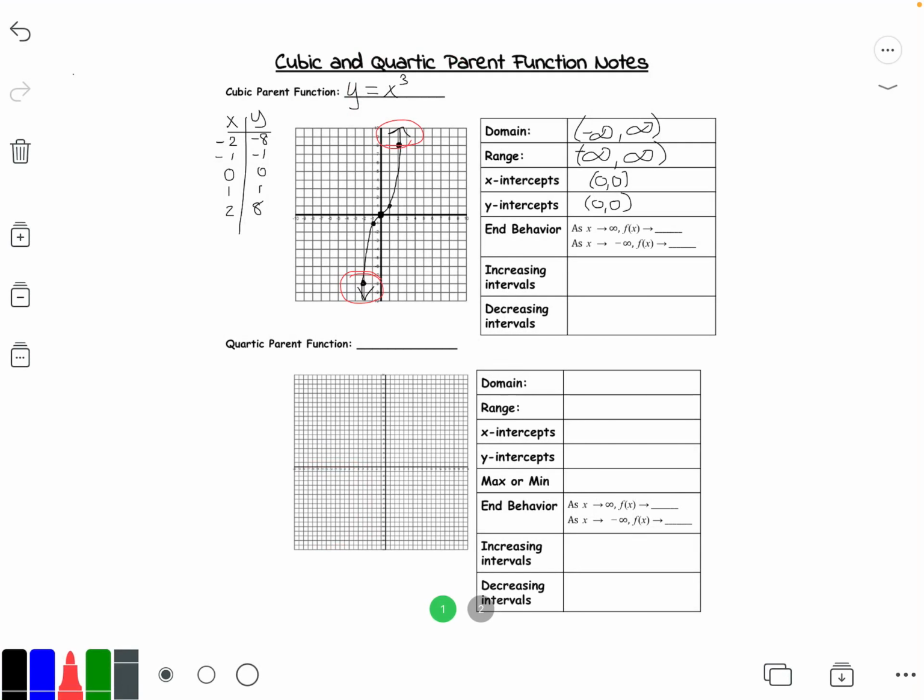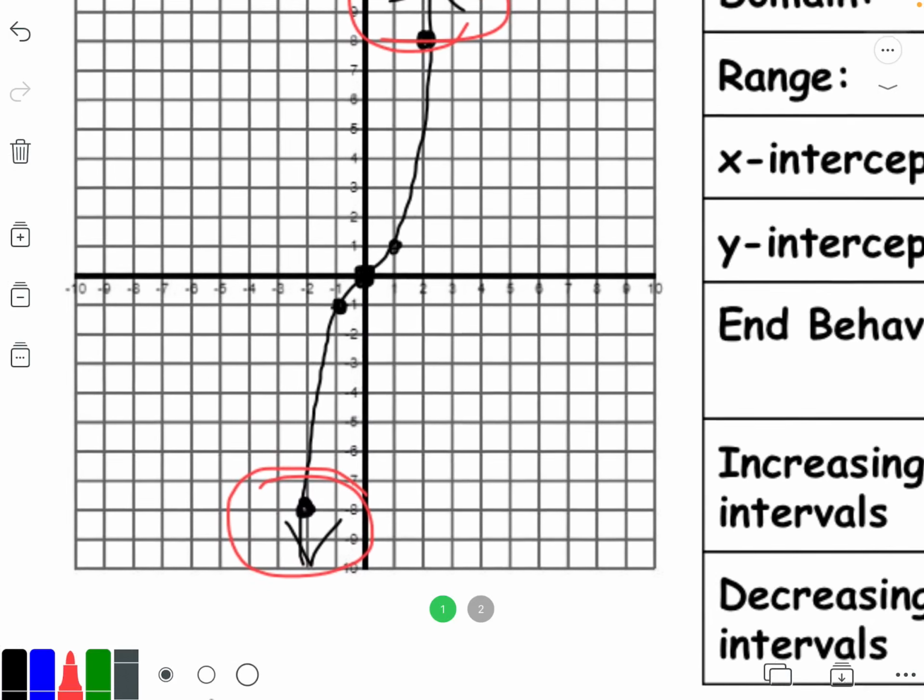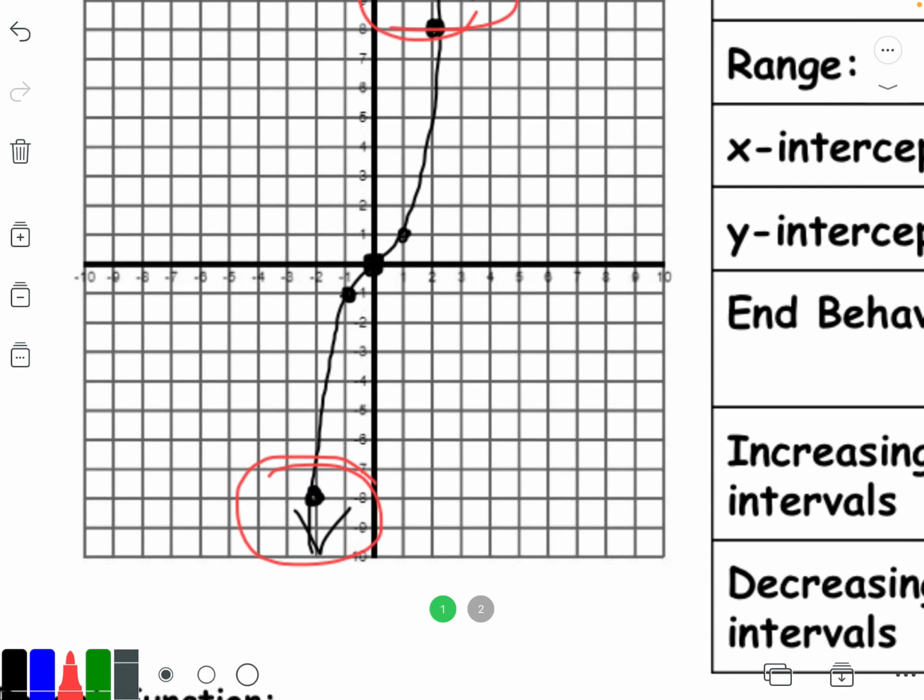And we'll notice that as our x values are decreasing, for example, here our x value is -1.5 and our y value is -3. And then here we had -2 and -8. So our x values were decreasing, as were our y values.